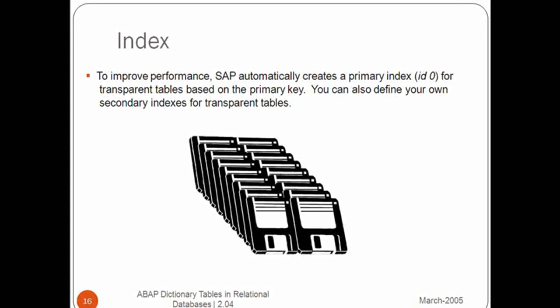Suppose I want to find out the address of a particular person. How will you find that address? You cannot jump into the table and search through lakhs of records. There should be some way through which you can find the person's details.